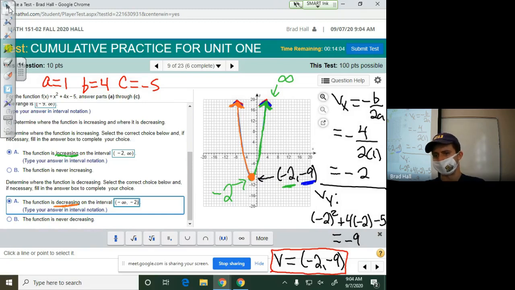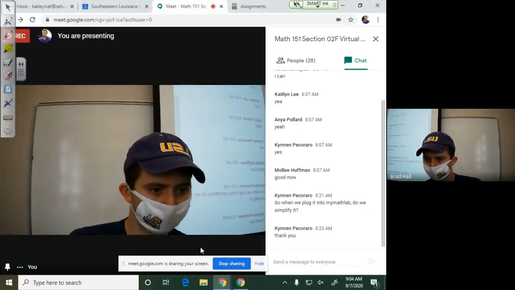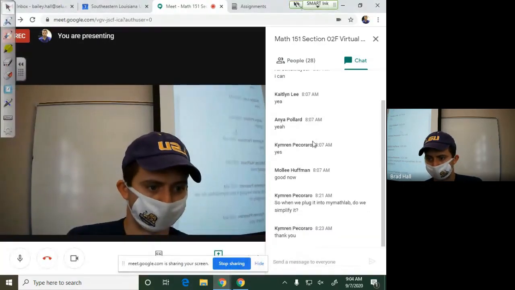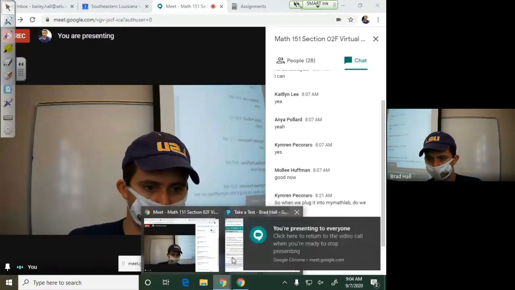But knowing the vertex helps you find all the other characteristics, because -9 and -2 are both coordinates from the vertex. Does anyone have any questions about this before I move on? If not, my video goes into this in more detail with a decent bit of examples. If not, then let's keep going.